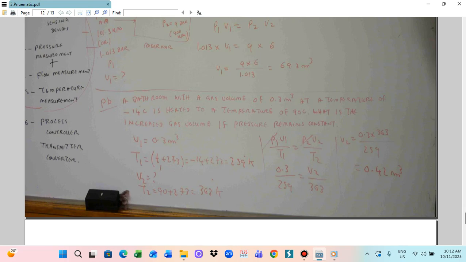Then you substitute: 0.3 divided by T1, 259, equals V2, which we don't know, divided by T2, 363. Then you can calculate V2: 0.3 multiplied by 363 divided by 259. Finally we get the volume V2, which will be 0.42 meter cube.